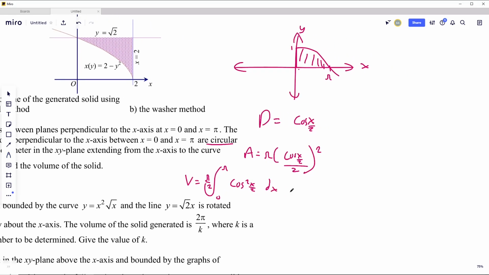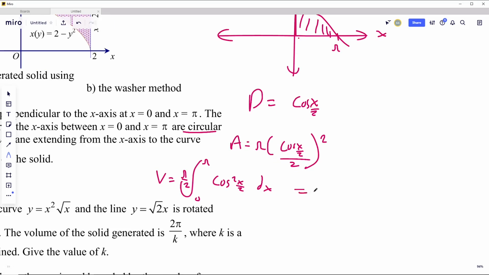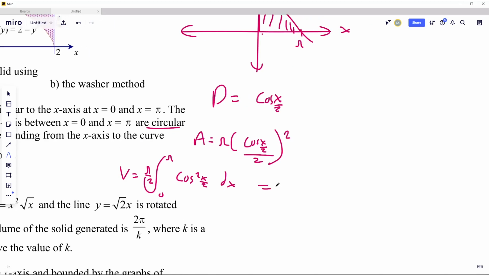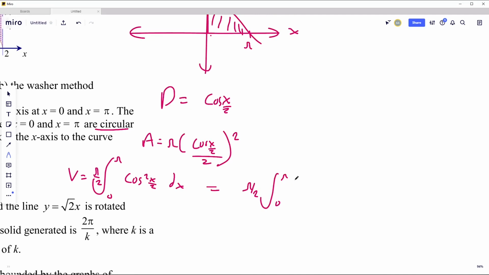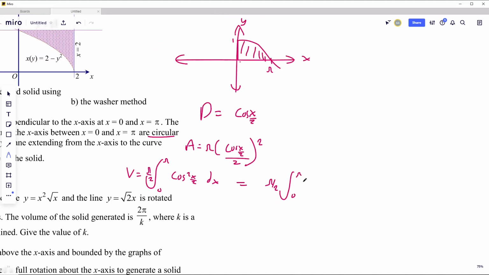dx. In this case, one good thing you can do is go back to the double angle formula. So pi over 2, because we're not going to integrate cosine squared, we're going to refer back to the double angle formula. So with this one you're going to do half plus half cosine of 2 times the angle.